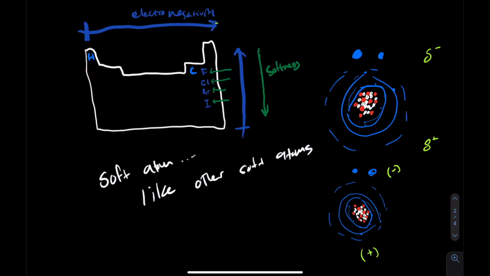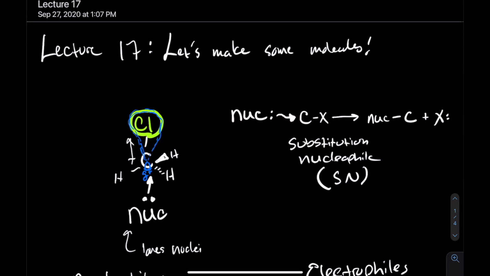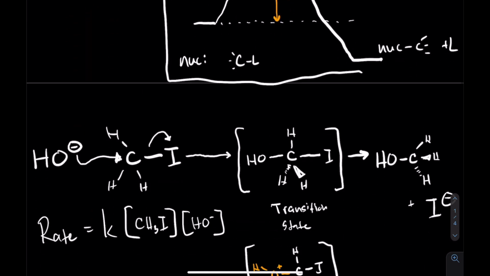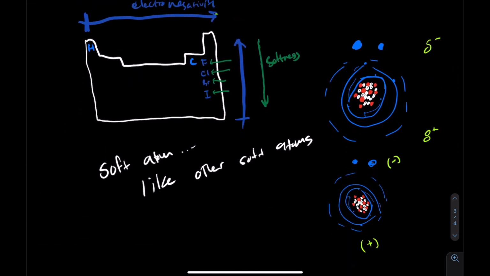So bases like to attack hard things. Nucleophiles tend to prefer to attack soft things. And how do we know that this carbon is quite soft? Is it polarizable? Yes, it's quite polarizable. So nucleophiles really just love soft things. They love soft, squishy, polarizable things.